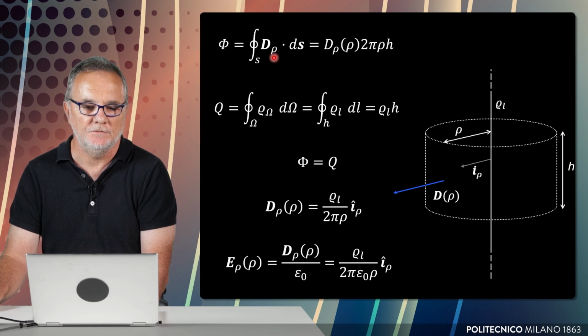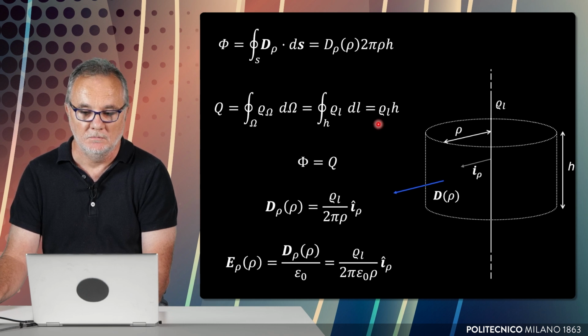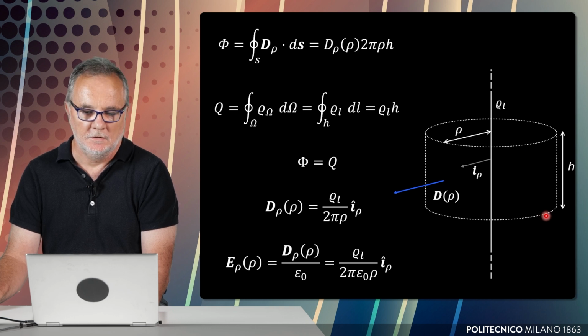By symmetry, the D field is oriented along the rho unit vector of the cylindrical system. So the total flux of D, that must equal the total charge inside the volume, can be easily computed because on the upper and lower surfaces of this cylindrical volume, there is no flux because D is perpendicular to the normal to these two surfaces.